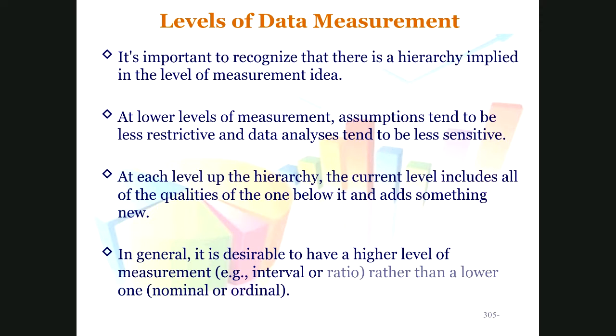Okay, so here's some of the important aspects of data measurement. It's important to recognize that there is a hierarchy implied in the level of measurement, that the complexity of your measurement is going up from nominal. Remember, nominal is just naming. You're just saying, oh, you have green eyes or you have blue eyes.